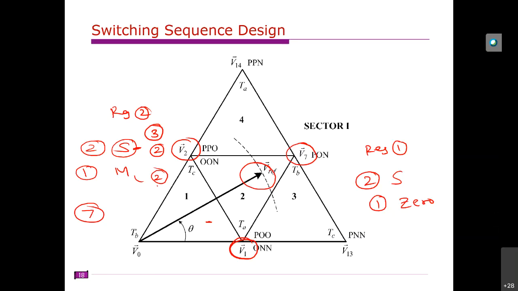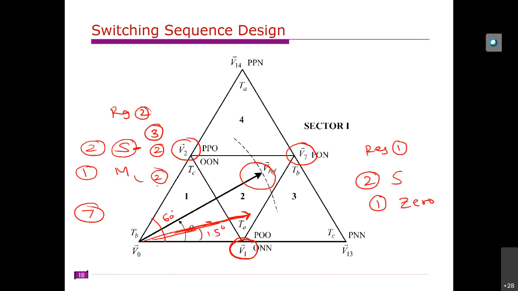If you notice, this is the V reference. This entire region is 60 degrees, so we can divide it into 30 degrees and 30 degrees. For example, it is somewhere around 15 degrees. If it is at 15 degrees, which vector will influence more?